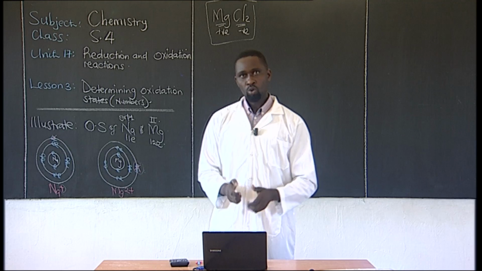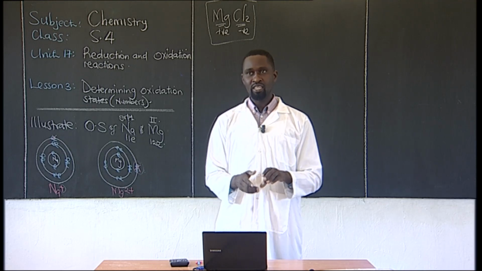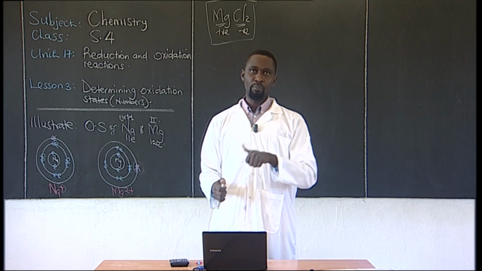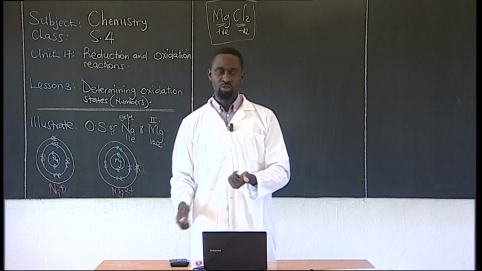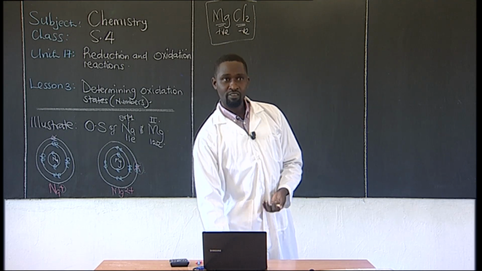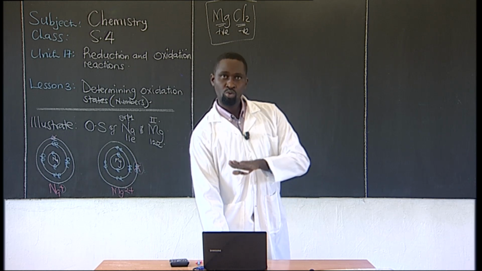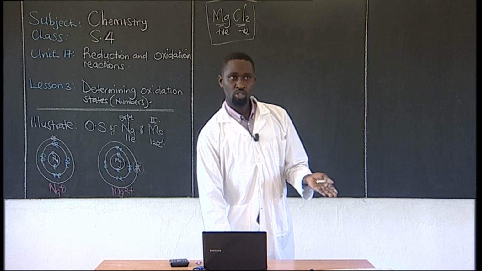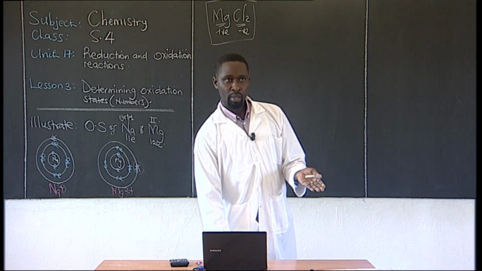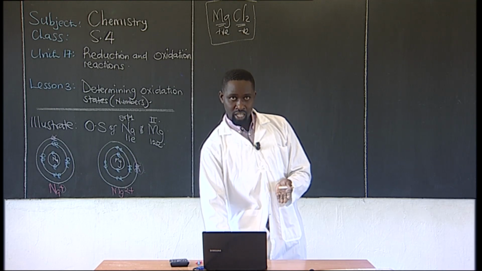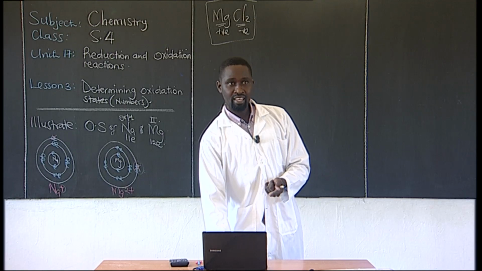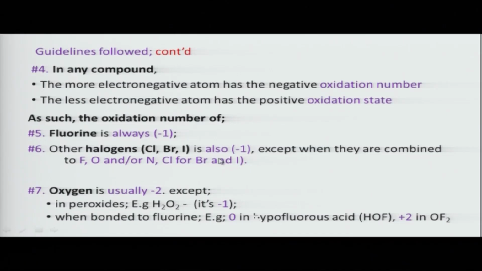Then chlorine, bromine, and iodine, being in group 7, are relatively highly electronegative, so they always have -1 on condition that they are bonded to a less electronegative atom. But if they are bonded to a more electronegative atom, then they become positive. What are examples of more electronegative atoms?